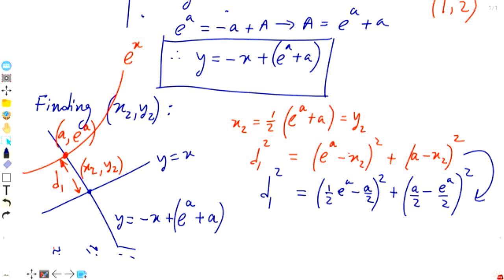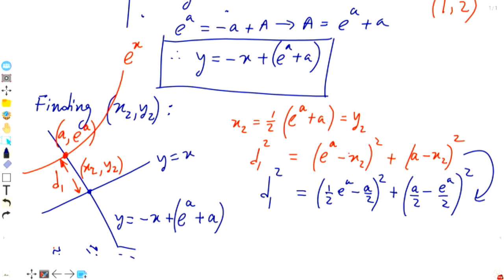EA. Oh, it's A. Okay. Then minus A divided by 2. So bring them both together. Not difference. The denominator has 2. Is that what you mean? Common denominator, is that what you said?